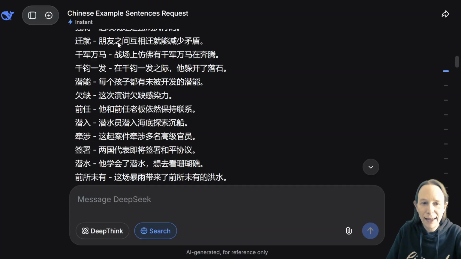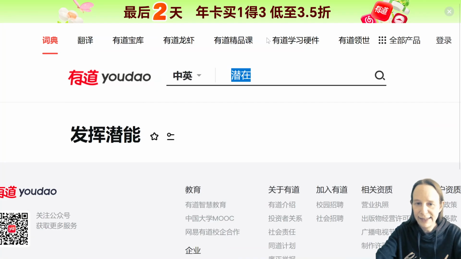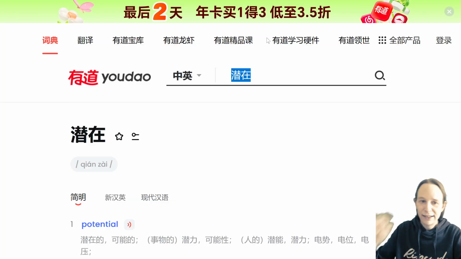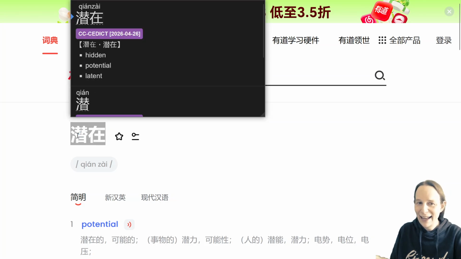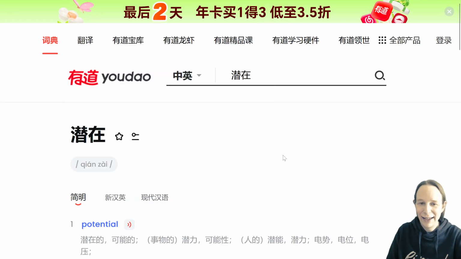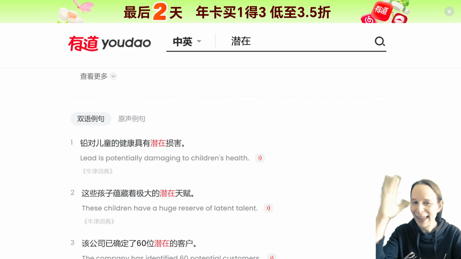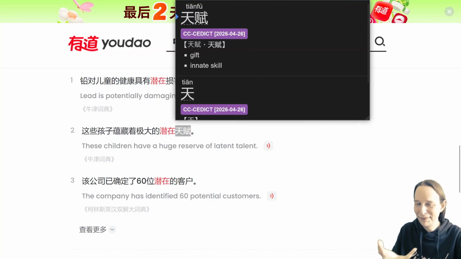The other one, 潜在. So 潜在, hidden 在, I guess, it's sort of hidden potential, latent. It's something that is unrealized or like you're not really aware of. So maybe like in superhero movies, they have hidden talents and suddenly they can fly or something. 潜在天赋, hidden some kind of gift.